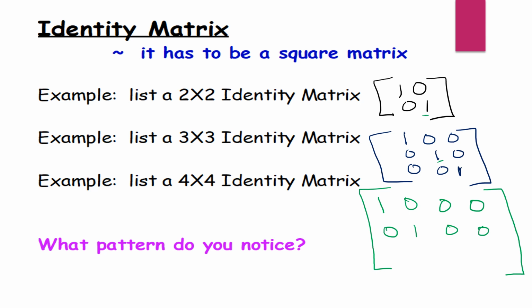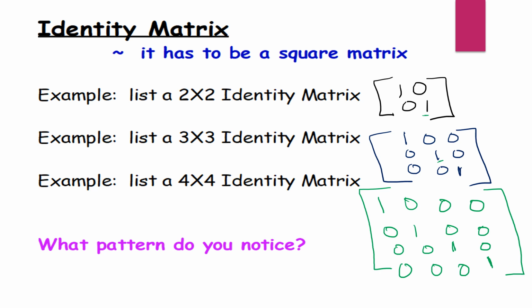Okay, and then when I did my 3 by 3 in row 3, column 3, so row 3, column 3 is a 1 and each of the other elements are zeros. So hopefully you've picked up that in row 4, column 4, that last element is going to be a 1 and each of the other elements are zeros.